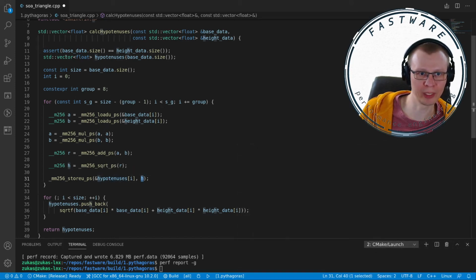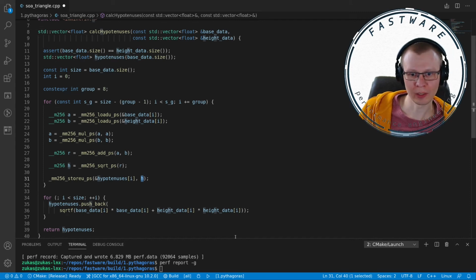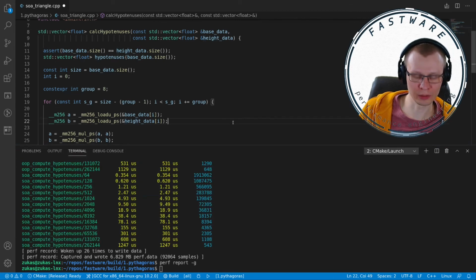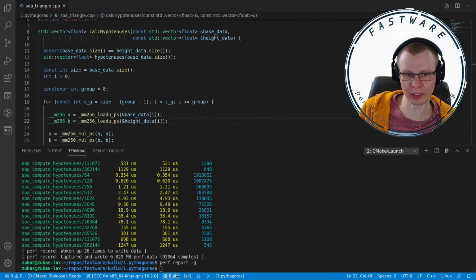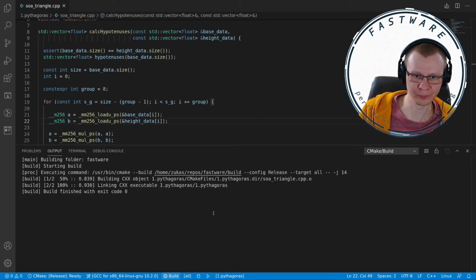It doesn't have to be 8 aligned. If you have 10 of them, it will go through once and do 8, and then for the last 2 we'll just use the basic algorithm to perform the hypotenuse calculations. Now let's compile this code and have a look at what the assembly looks like.